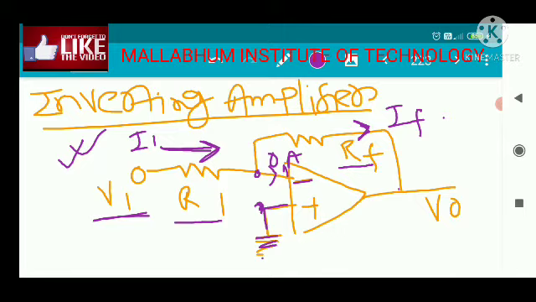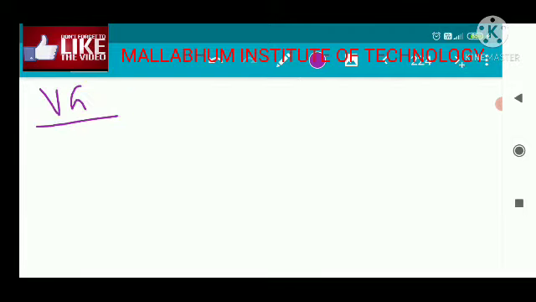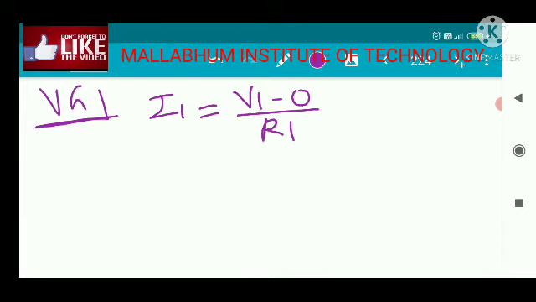Due to the virtual ground concept, this potential is 0 volt, and this potential is also 0 volt. So I1 equals V1 minus 0 divided by R1, and this current is also equal to IF.